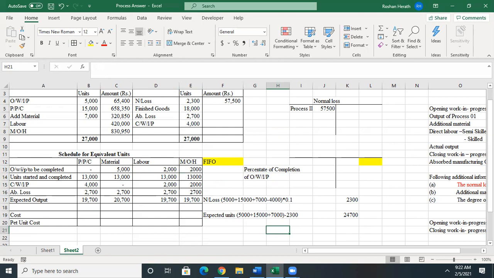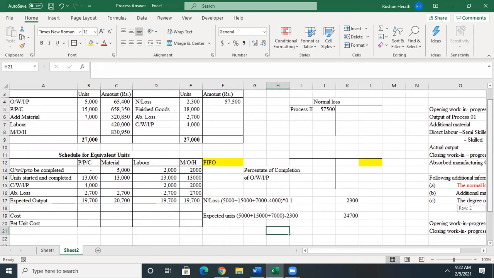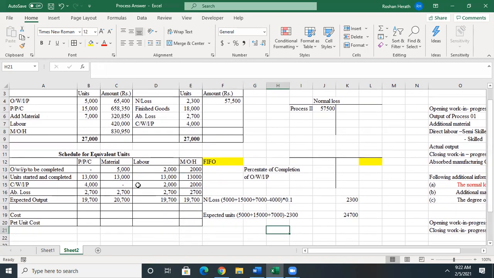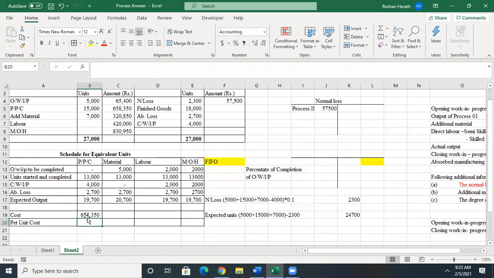ඒතර මෙතන මේ information එක අපි ගාව තිබුණා. දැන් අපි බලමු cost එක කීයක් කාල පරිච්ඡේදයේ දරලා තියෙනවද කියලා. Previous process cost සම්බන්ධයෙන් we have incurred altogether 658,350. Materials you incurred 320,850.